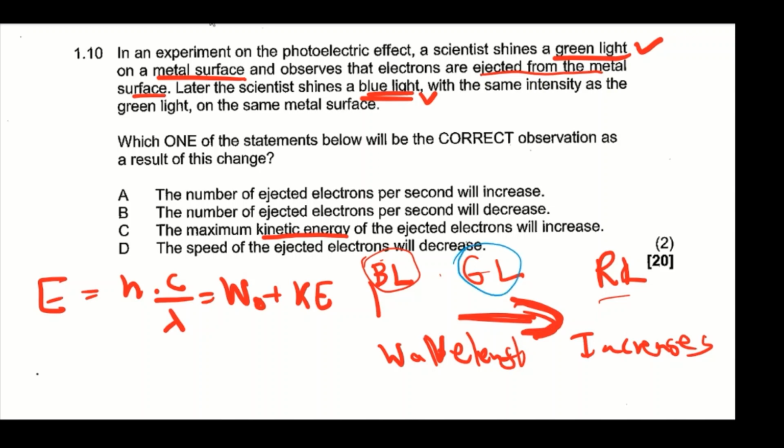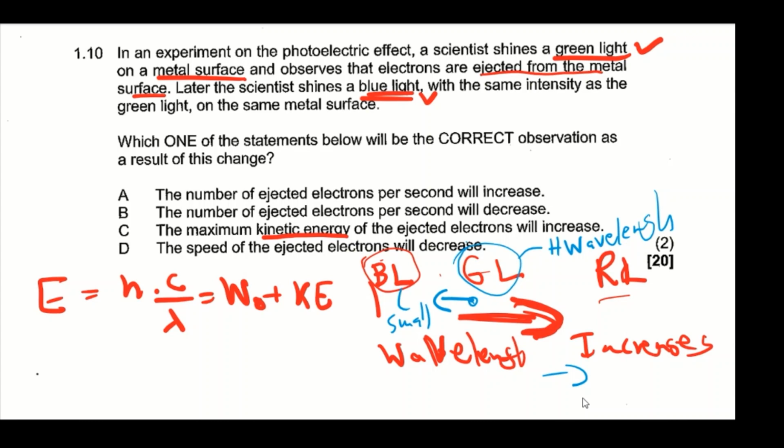Since wavelength increases going in that direction, green light has a higher wavelength compared to the blue light. The blue light has a small wavelength. And we are starting from the green light to the blue light. That's how we are lighting in this experiment.